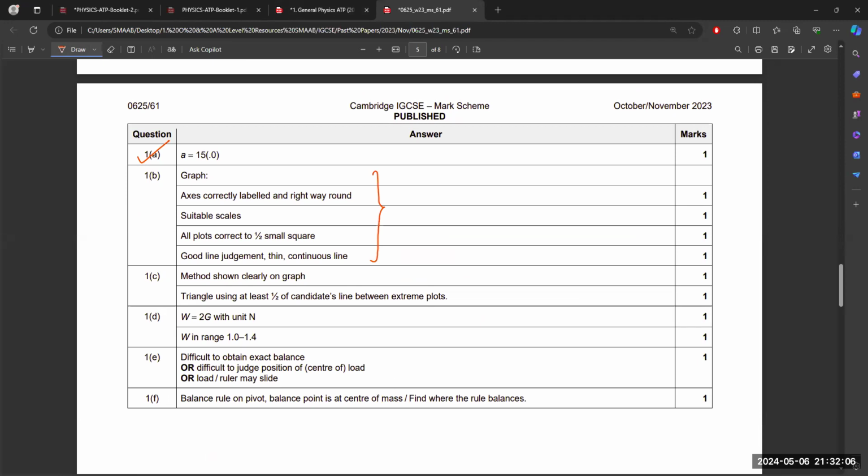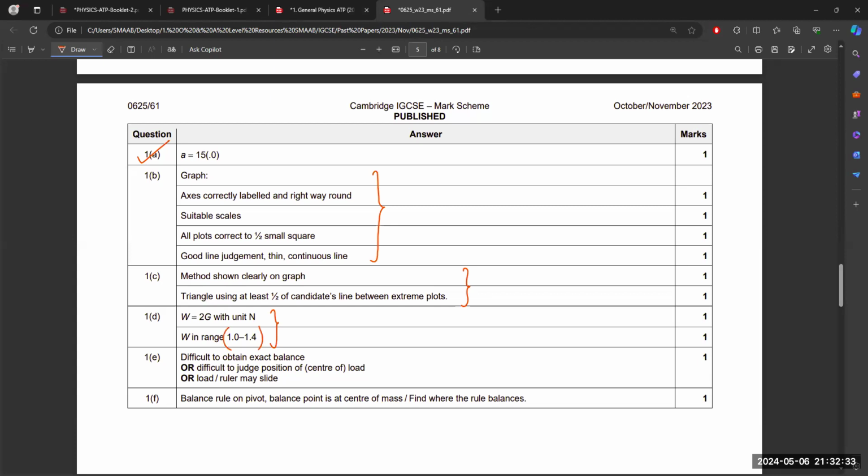Then for the gradient, no value is given, right? The method is shown clearly on the graph, because all students record the gradient according to themselves. Some will take different points, others will take different points. So there will be no chance of getting the same values on the graph and the same gradient from the graph. But for the value of W, you can see there is a range of 1 till 1.4.